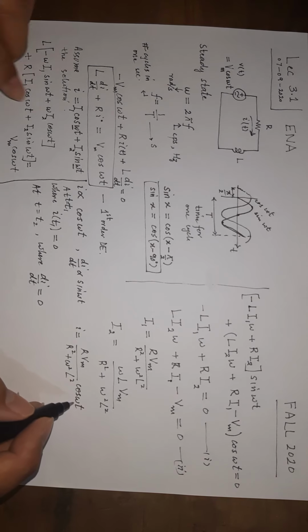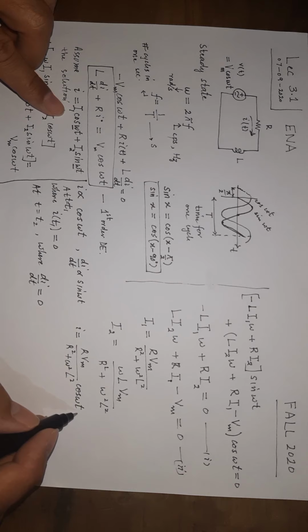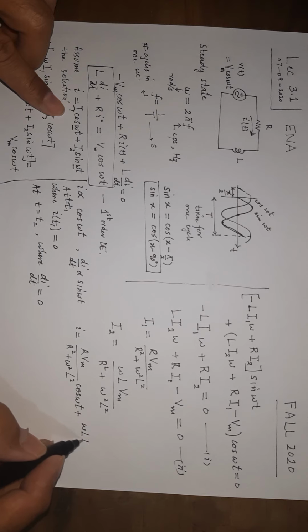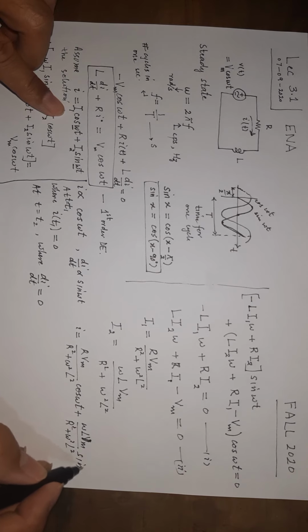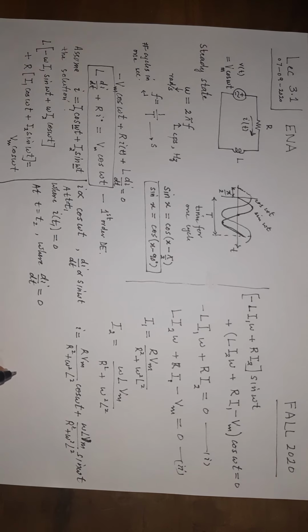Let me just confirm, I was saying I1 is used with cos or sine in the book. So I have confirmed that. I have written the correct thing. Plus omega L Vm over R square plus omega square L square sine of omega t. Now this is that solution.